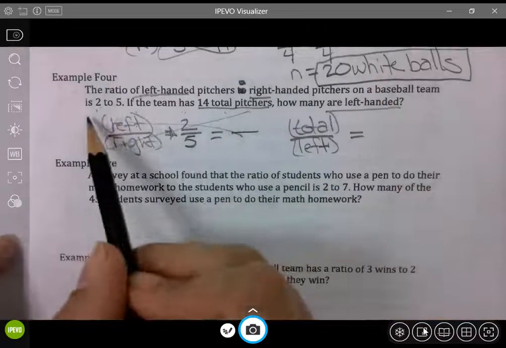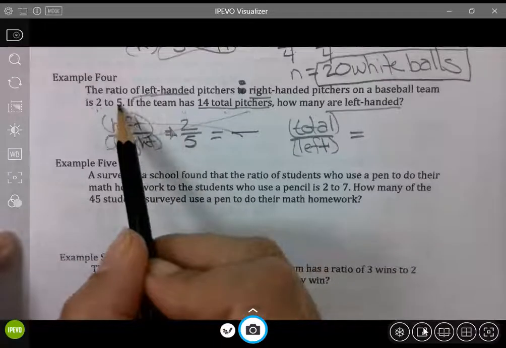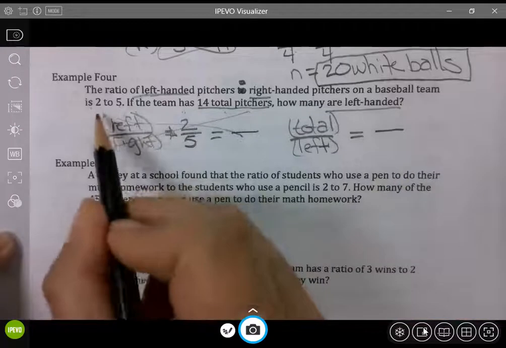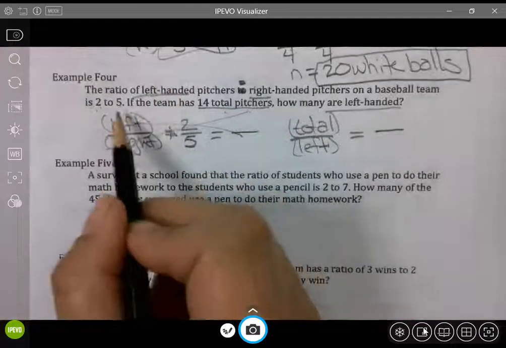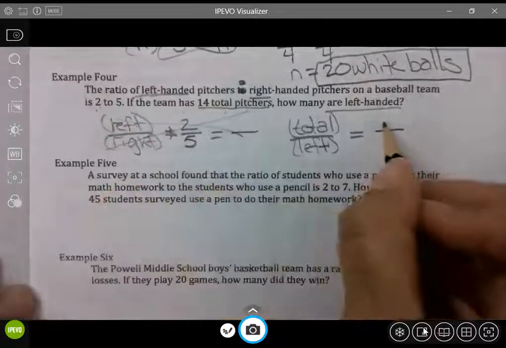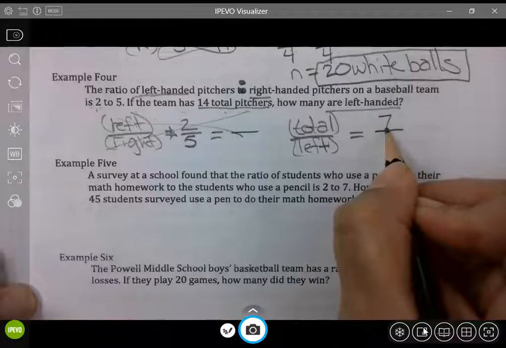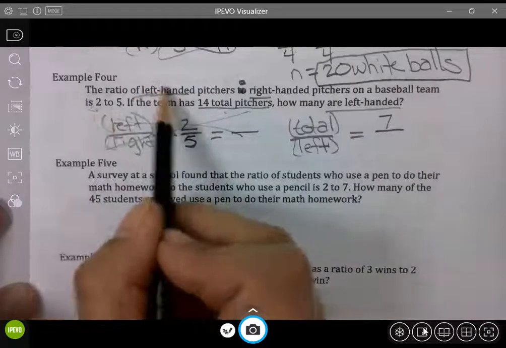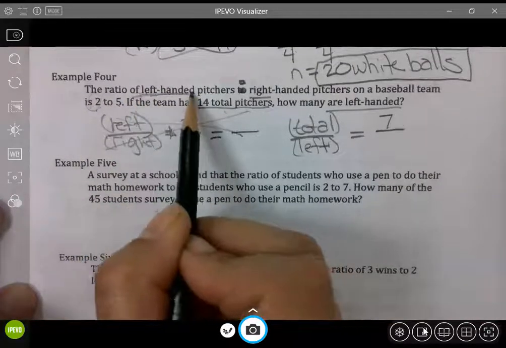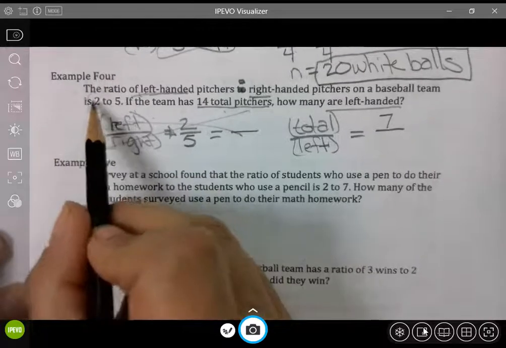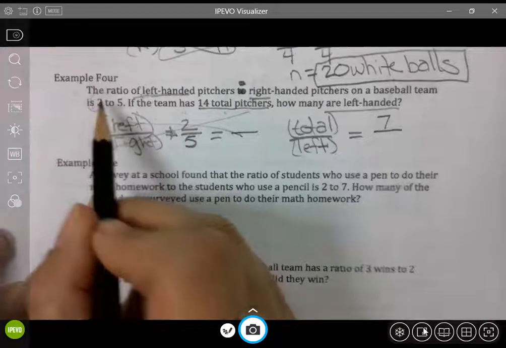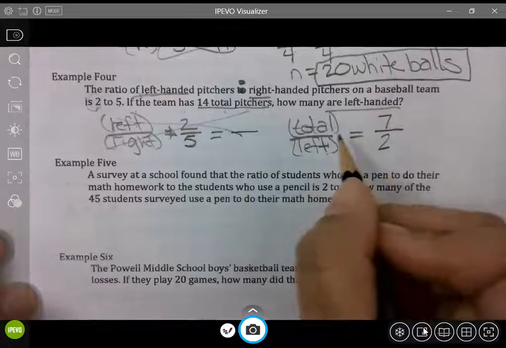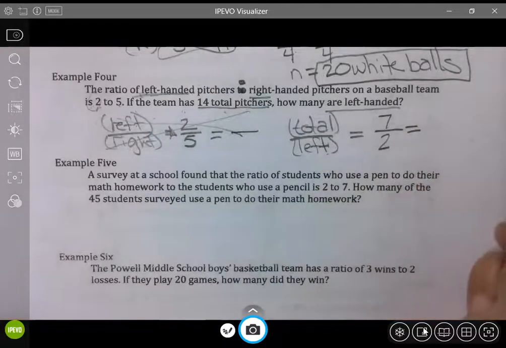Well, I know 2 are left and 5 are right, so isn't that going to be a total of 7? Right? The total. And then how many is left-handed? 2 are left-handed because it was written first. So my number that's written first will be the same thing. So there's 2 left-handed pitchers to a total of 7.